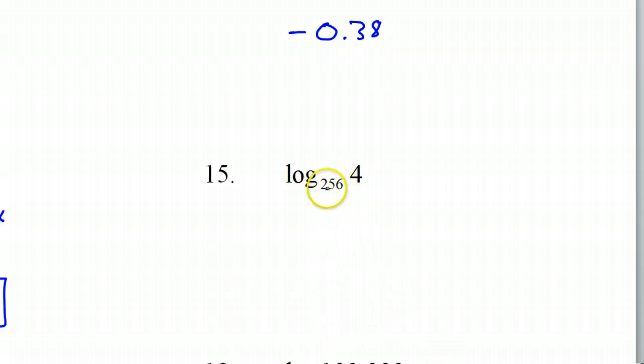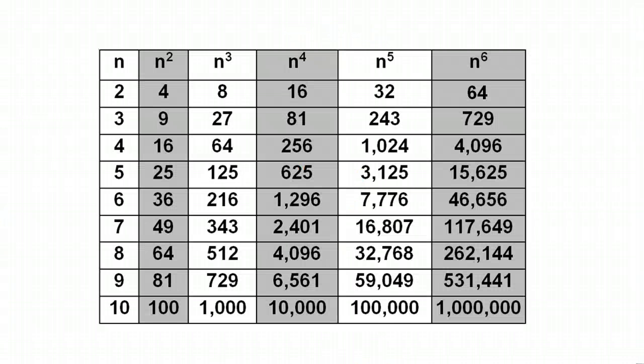Okay, now this one, 256 has to turn into a 4. So I'm thinking fractional power, since it's getting smaller. Let's look at the chart. How do we turn 256 into a 4? 256 is 4 to the 4th power.